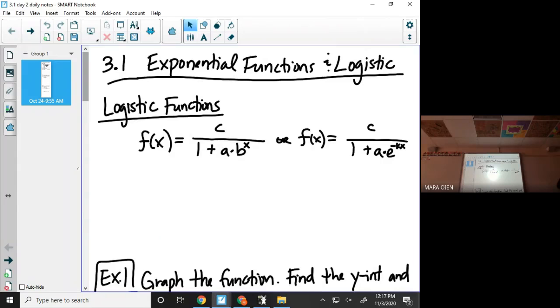Logistic functions, back in March, maybe even back in February, when COVID first came out, and they were making predictions about how long until we would reach our maximum, and then we would say that it would slowly die off if people did everything that they asked us to do. They were using logistic functions to actually calculate this.